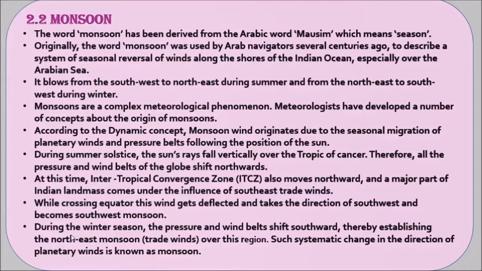During the winter season, the pressure and wind belts shift to the southward, whereas in summer they shift northward. Thereby the northeast monsoon is established over this region.